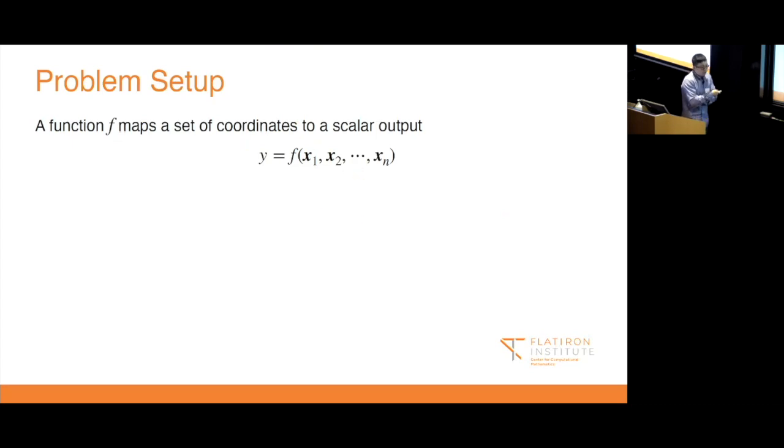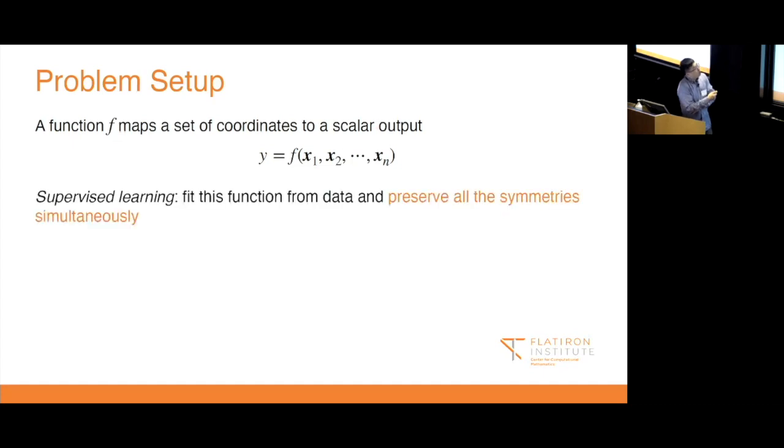We can of course have certain data determined by this mapping, and now we want to fit a function in a supervised learning way: find the functional form fitting this data and preserving all three symmetries I mentioned simultaneously. This is the mathematical problem I'm proposing right now.